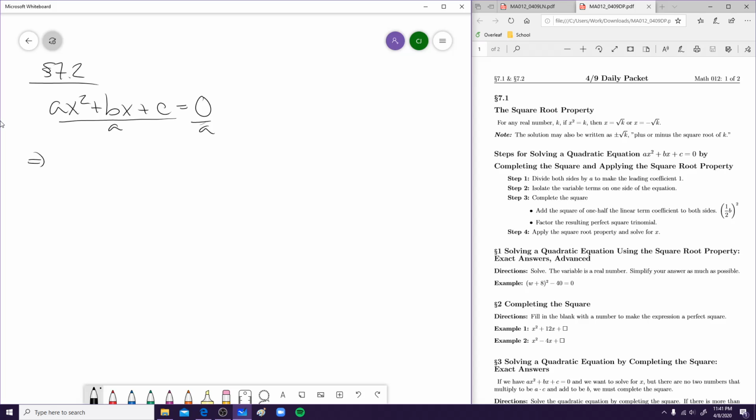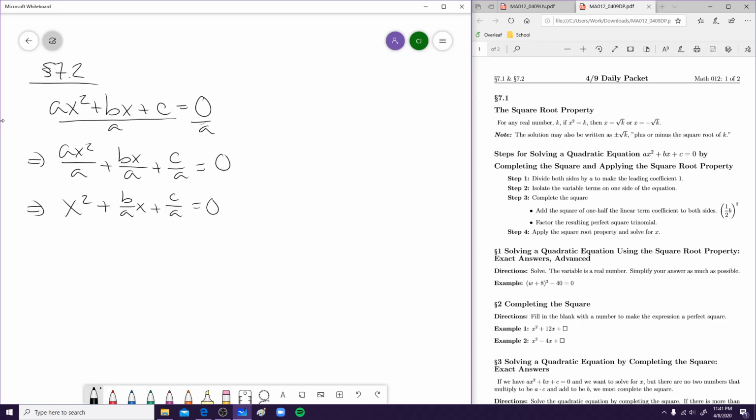So this is equal to ax squared over a plus bx over a plus c over a, and then 0 divided by a is 0. So I get x squared, and then b over a x. I want the coefficient to be very clear, plus c over a, which is equal to 0.